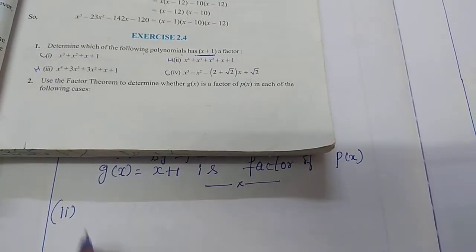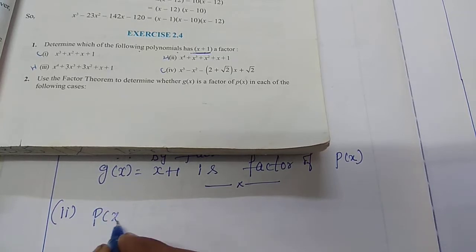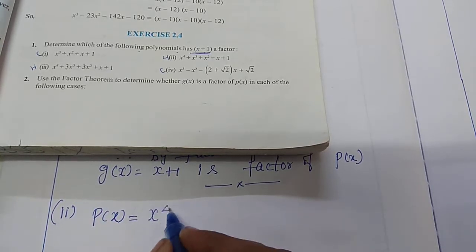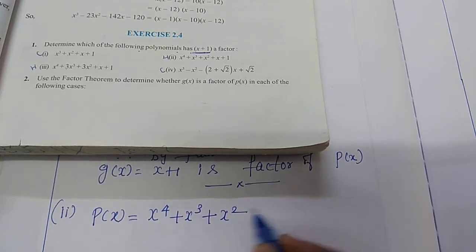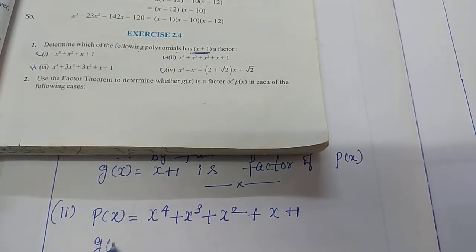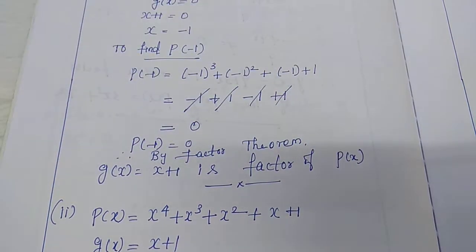Therefore, p of x is equal to x power 4 plus x cube plus x square plus x plus 1. G of x is equal to x plus 1.